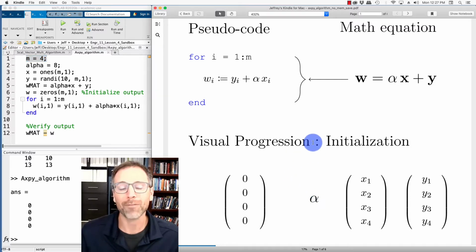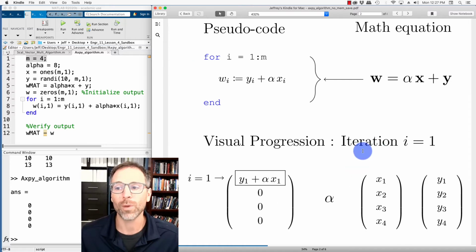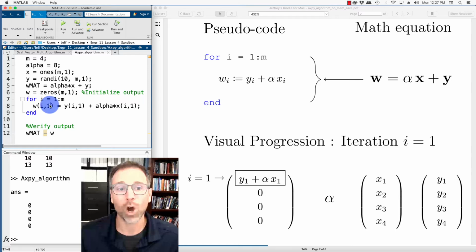And then what we do after initialization, we're going to overwrite each of these zeros with alpha times the corresponding entry of x plus the corresponding entry of y. So let's do that. When we kick into iteration 1, the first entry of w, we overwrite with y1 plus alpha x1.